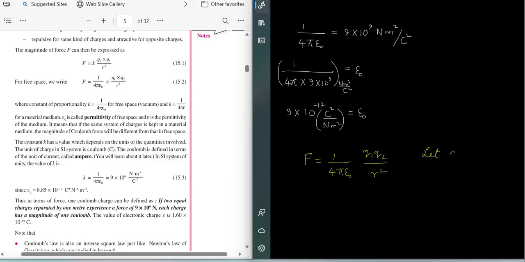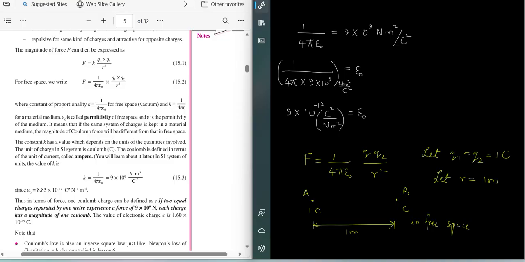Let us say q1 equal to q2 equal to 1 Coulomb. So we can define 1 Coulomb and let the point charges be separated by a distance of 1 meter. So we have one charge which is 1 Coulomb, another that is plus 1 Coulomb, and they are separated by a distance of 1 meter in free space.